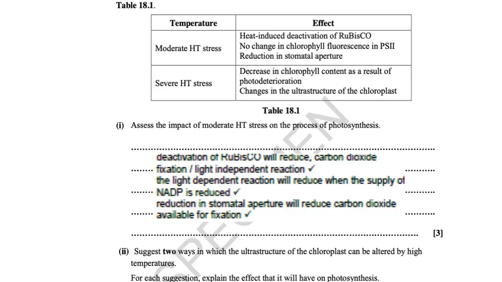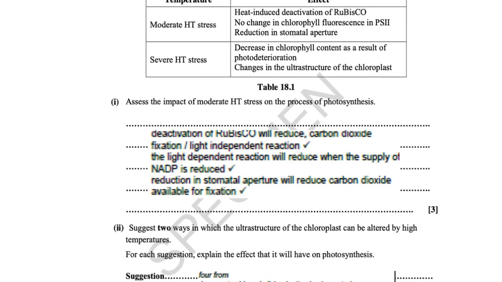So the things that you got marks for here were to link the deactivation of the rubisco to the reduction in the light independent reaction, because you're going to reduce the fixation of carbon dioxide as it joins with the 5-carbon RuBP to form the either 3-carbon or 4-carbon compound, because the rubisco is what catalyzes that step. The reduction in the stomatal aperture, when you reduce that, then you're going to reduce the carbon dioxide that's available to the spongy mesophyll to then diffuse into the palisade mesophyll to be used for fixation in the Calvin cycle.